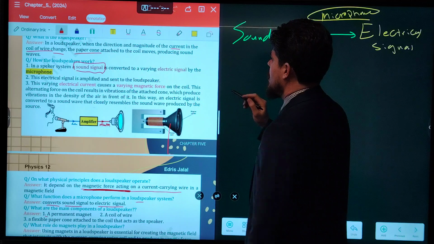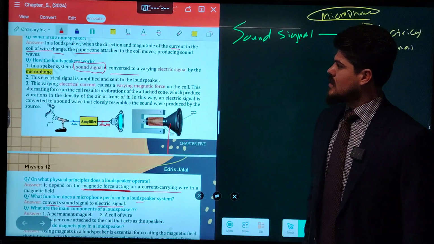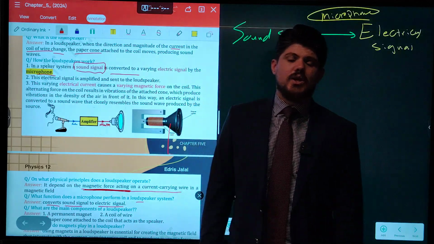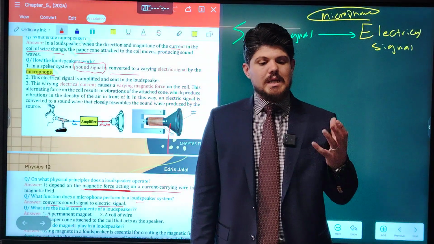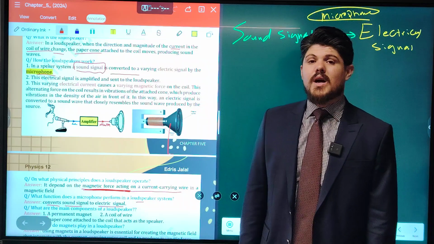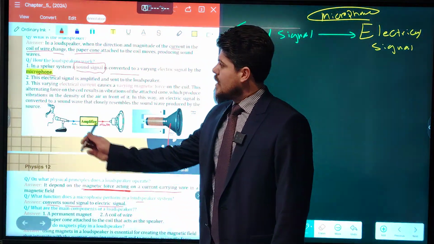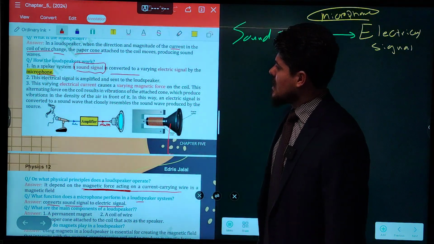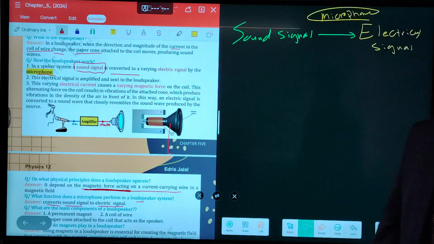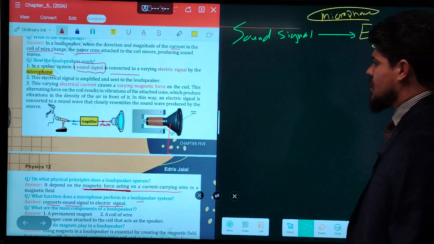By microphone. Sound signal is converted to a varying electrical signal by microphone. So what is the function of the microphone? Convert sound signal into a varying electrical signal. The electrical signal is amplified and sent to the loudspeaker.